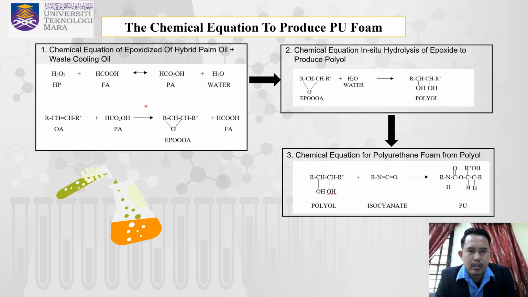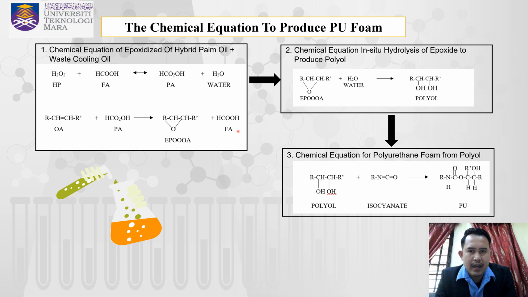After that, the performic acid will react with the unsaturated fatty acid or oleic acid to produce the oxygen ring called the epoxidized palm oil acid, and the side product is formic acid.